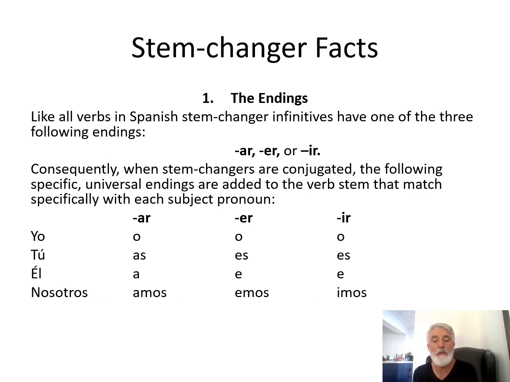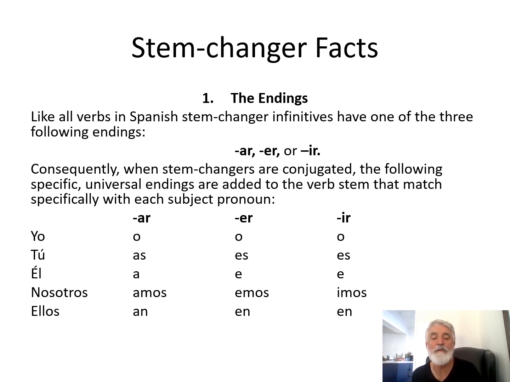And then our plural subject pronouns. What endings do we add on to the stems? For nosotros, we add on AMOS for AR verbs, EMOS for ER verbs, and for IR verbs, we add on IMOS. Finally, what about ellos, ustedes? What ending do we add on to the stem?